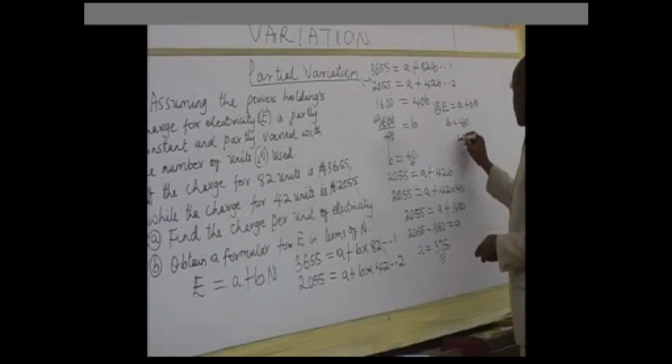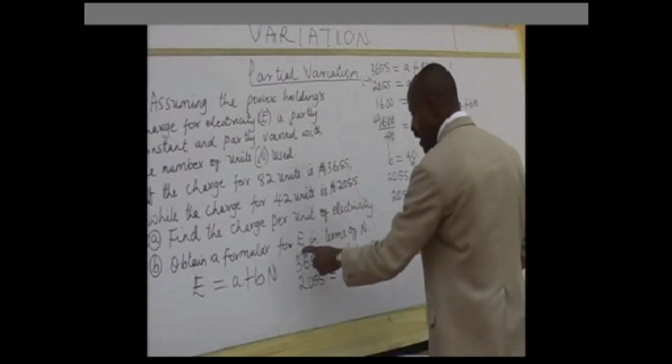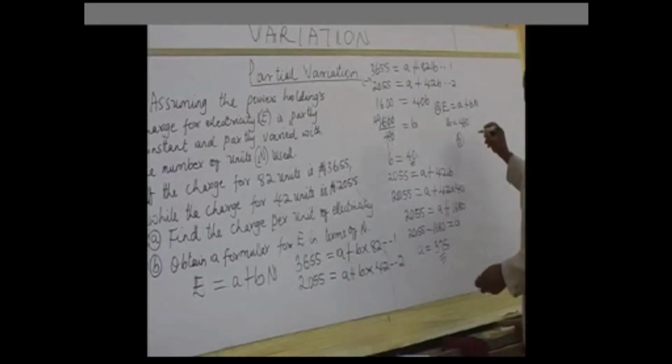So question A, the unit price of electricity is B, which is 40. Then question B said we should obtain a formula of E in terms of N. From this, E is equal to A plus Bn.